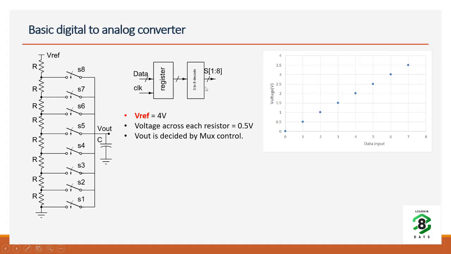What happens is that every 50 microsecond you are updating the data. So every 50 microsecond you are updating the switch, which switch should be selected. Okay, so in time domain, if you plot them, then you get a staircase waveform, which will look almost like a sine wave, and you generate the signal.